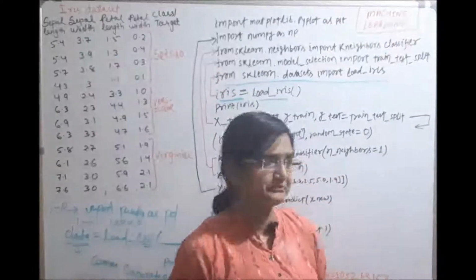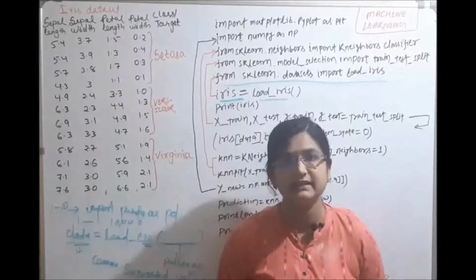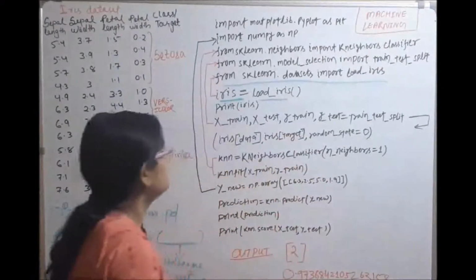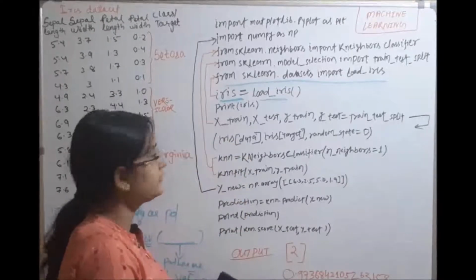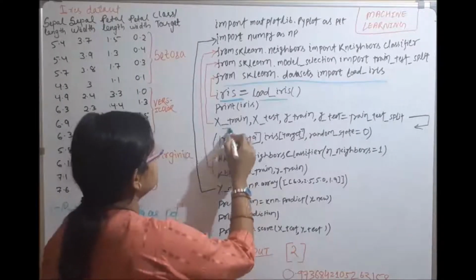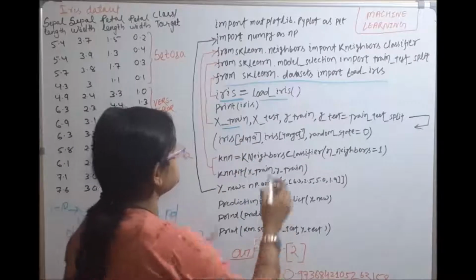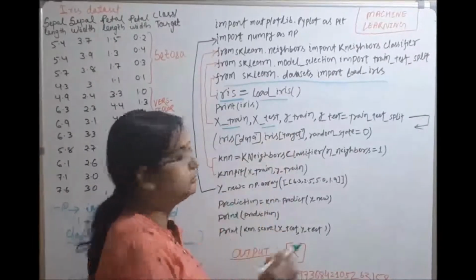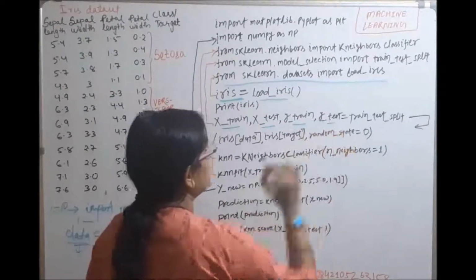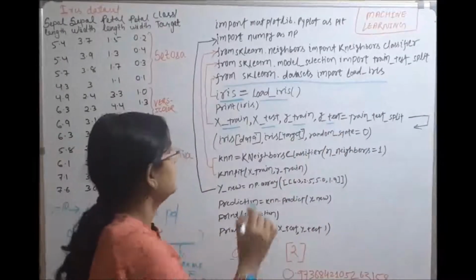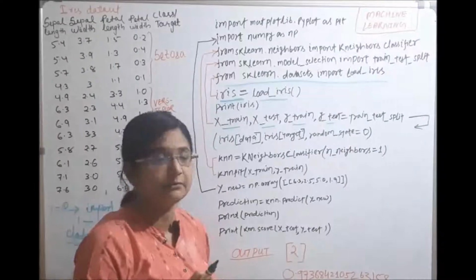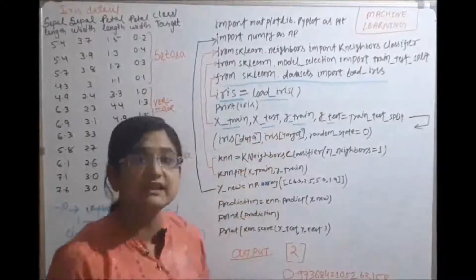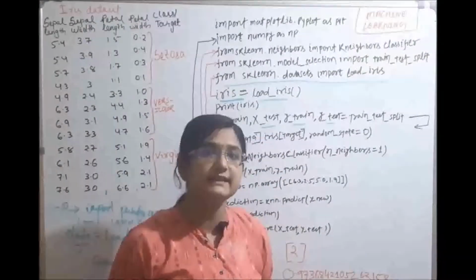So for that you have to write the code. First you have to take the variable names: xtrain and xtest, two variables, then ytrain and ytest, these are four variables. In the xtrain variable all the training datasets are kept, and in the xtest variable all the testing datasets are kept.